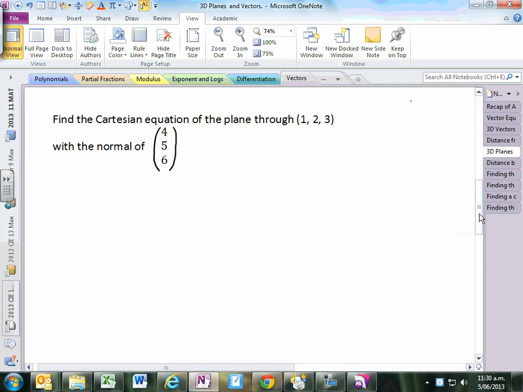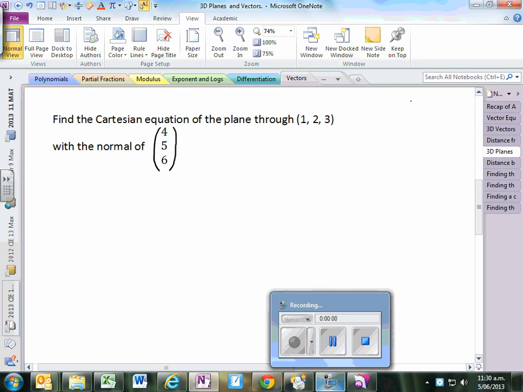Here's the first example. This is the sort of situation that we can set up. We want to find the Cartesian equation of this plane. It's passing through a particular point, and it's got the normal 4, 5, 6.